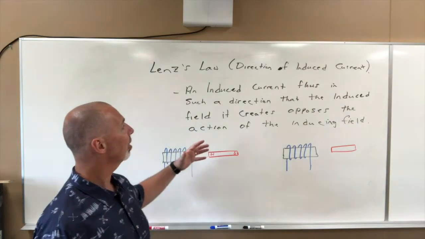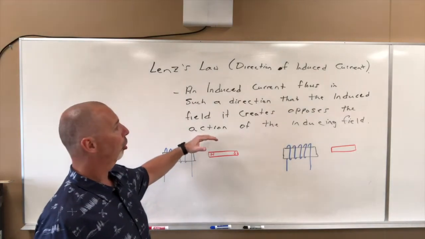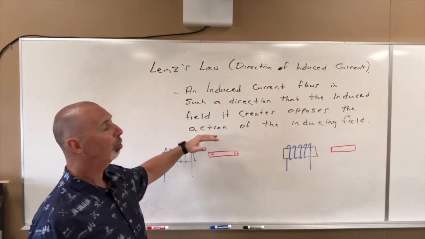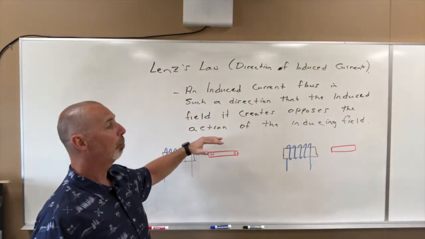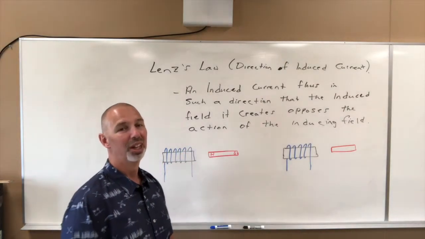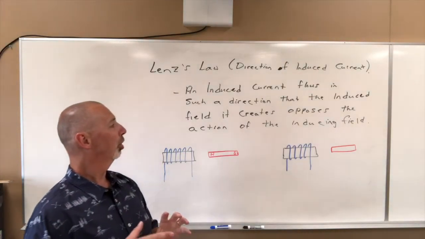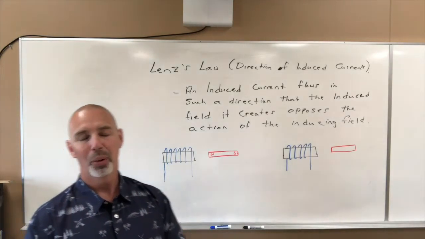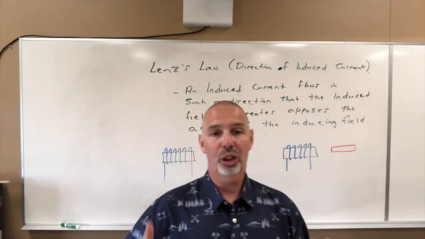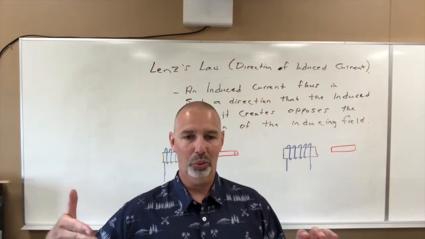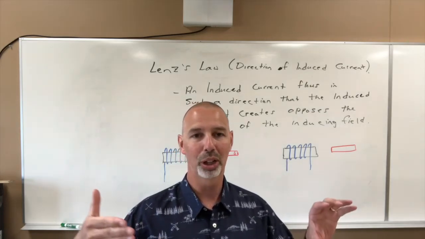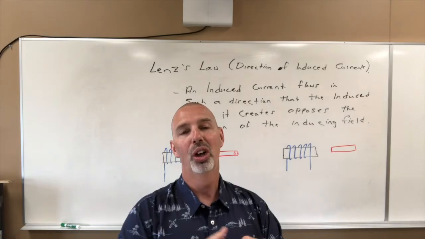So Lenz's law says an induced current flows in such a direction that the induced field it creates opposes the action of the inducing field. So there's a lot of inducing fields going on there, but what he's basically saying is that when we induce a current, let's say we had a magnet and a coil, and we plunged the magnet into the coil, okay?